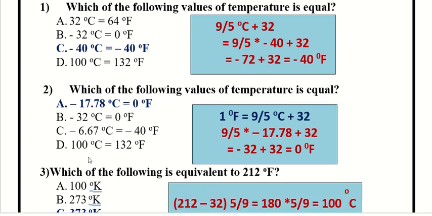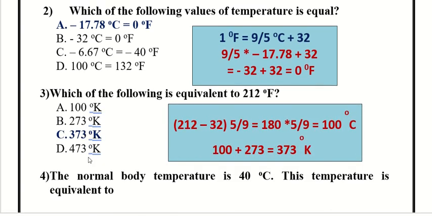Okay, that's question number 3. Which of the following is equivalent to 212 degrees Fahrenheit? The conversion here is from Fahrenheit into Kelvin. So by putting the equation here, Celsius equals degrees Fahrenheit minus 32 times 5/9.